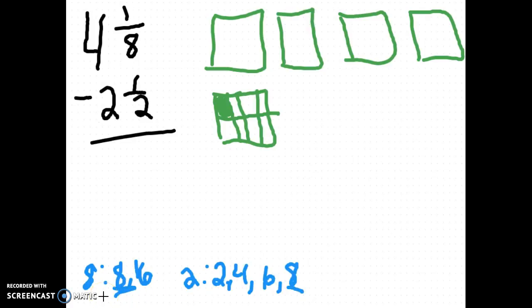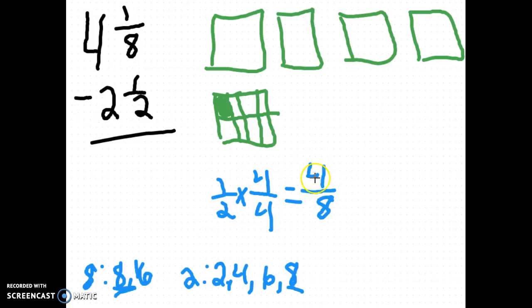So I need to change my fraction to eighths. So I will go to my 1/2, and I will multiply it by a fractional form of 1. So the 8 is on the bottom. 2 times 4 is 8. 1 times 4 is 4. So now instead of 2 and 1/2, I have 2 and 4/8. So I need to take away 4/8 instead of 1/2.